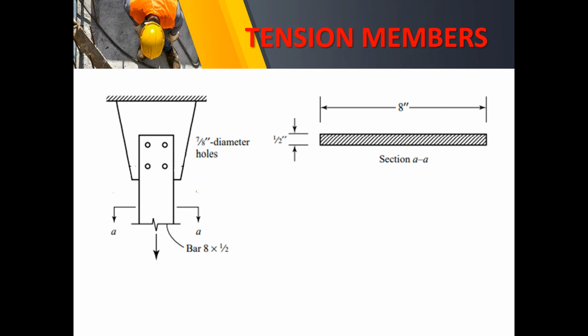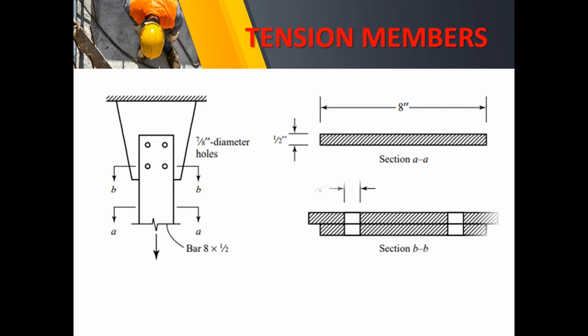Meaning your net section will be 8 by 1/2, or the width times the thickness. While if we consider the section on the hole with the presence of the bolt in it, section BB, we can see that your net section is now reduced by that hole that is occupied by the bolt.